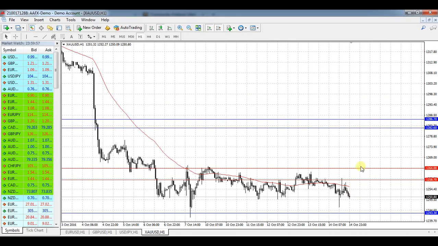In case of breaking out the upper border of this consolidation, our first target will be this level, our previous resistance, 1282.60, 1286.70.